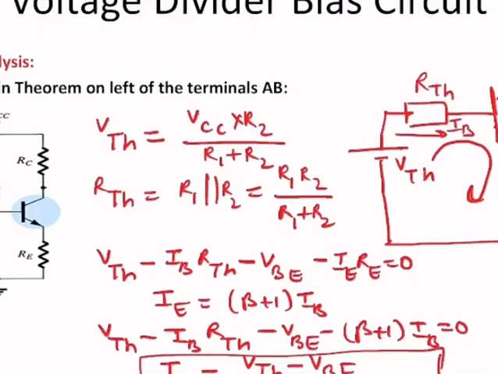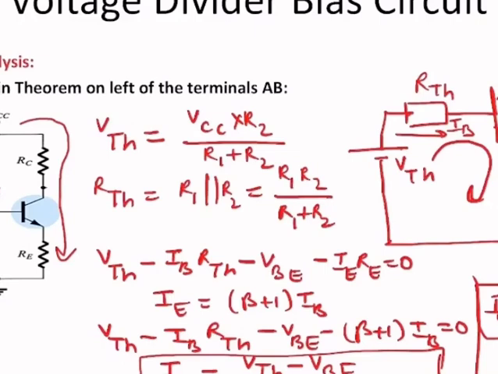By using this base current, we can compute the value of IC, that is beta IB. By using this relation, we can compute the value of collector current. Now to get the value of VCE, apply KVL to the output circuit, same as we found in the approximate analysis.